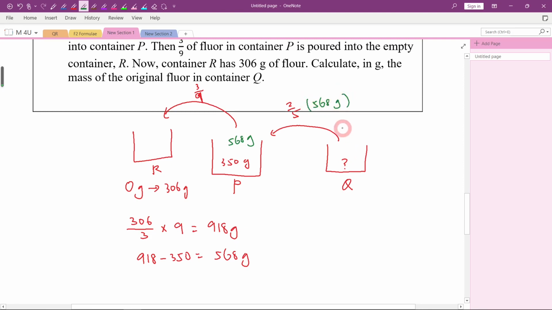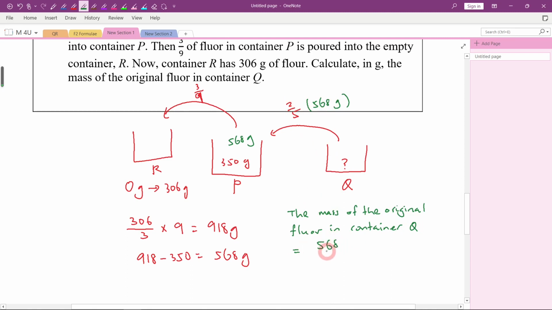568 grams. Total 5 parts. The 568 grams is represented by 2 parts, right? So if you want to know the original mass of flour in container Q, you can do it this way. 568 represented by 2 parts.